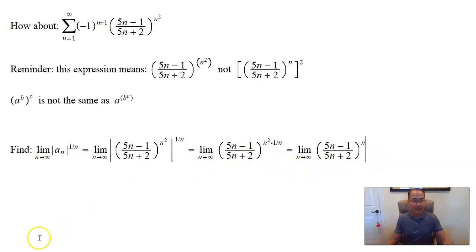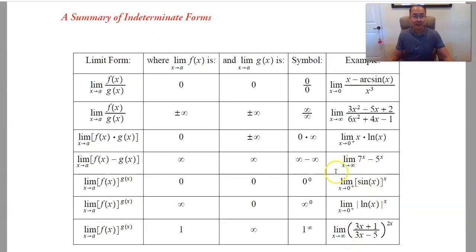Is it time to remind you once more of something that you're supposed to recognize? Remember this table? When you're trying to do L'Hopital's rule, you can only apply it to these two forms, 0 over 0 or infinity over infinity. Nothing else. If you have a product, turn it into a quotient. Difference, good luck with that. Maybe factor out something.